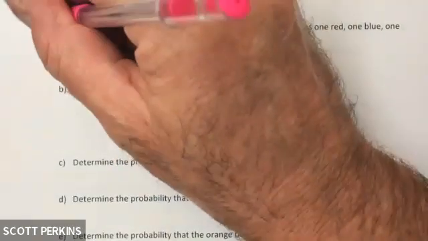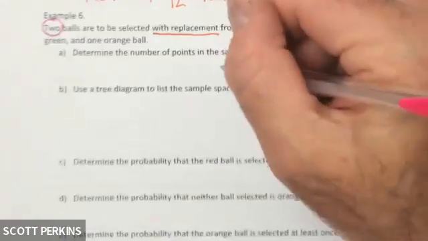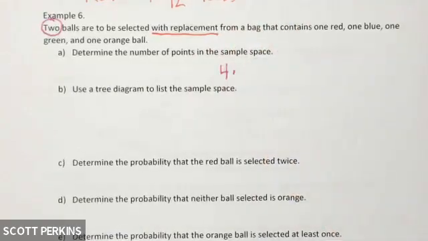All right, we're drawing 2 balls out of the bag. How many options do I have the first time I reach my hand in the bag? 4. Great. Times. How many options do I have the second time I reach my hand in?